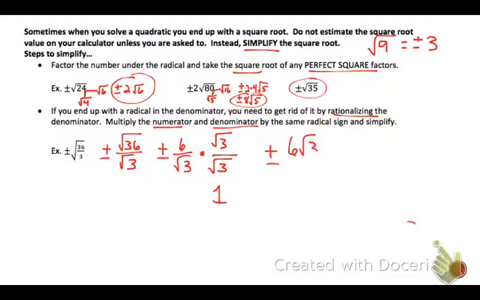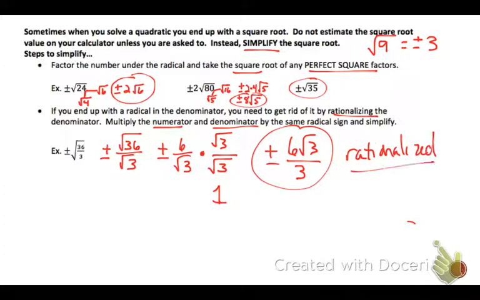So up top, we'll get 6 times the square root of 3. We can't combine those. And then the square root of 3 times the square root of 3, we can multiply those numbers together. So it's the square root of 9, which simply reduces to 3, plus or minus 3. So this would be that answer, rationalized, meaning there's no irrational number in our denominator.